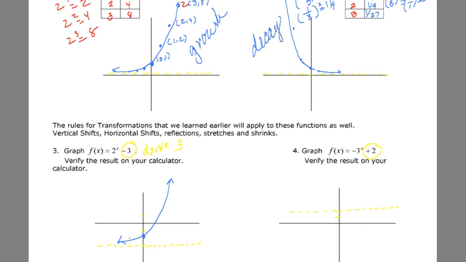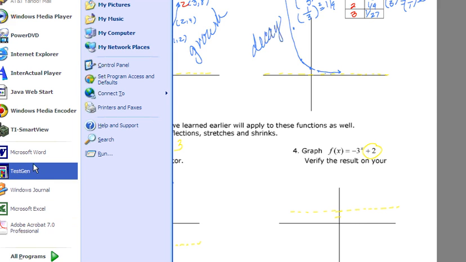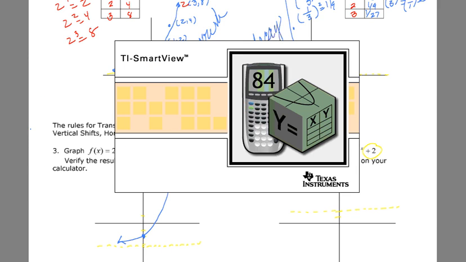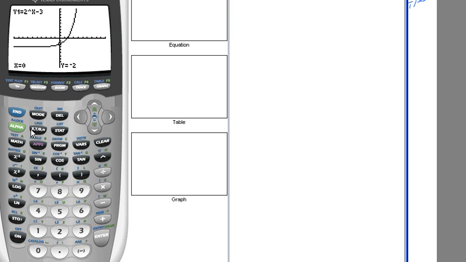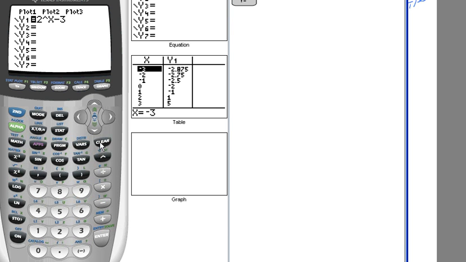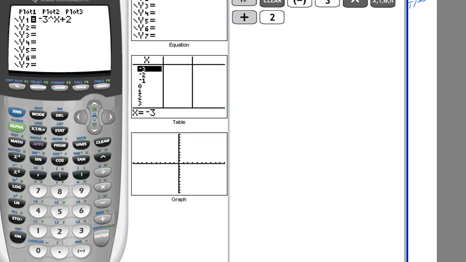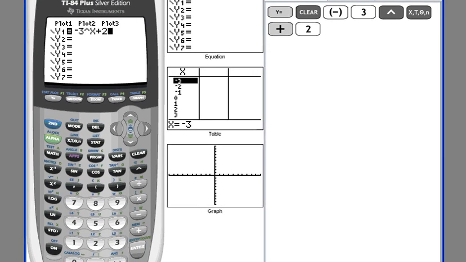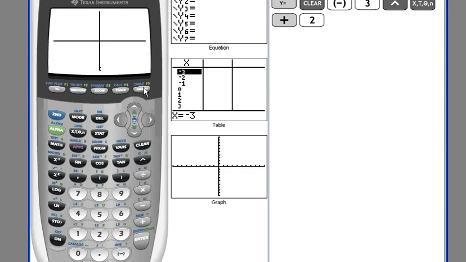Let's check this one out, put it in our calculator, and verify the results. So this one is -3 to the x plus 2. Let's type that one in. Okay, -3 raised to the x plus 2. Make sure I've got that typed in right. Yep, -3 to the x plus 2. And let's go ahead and graph that.